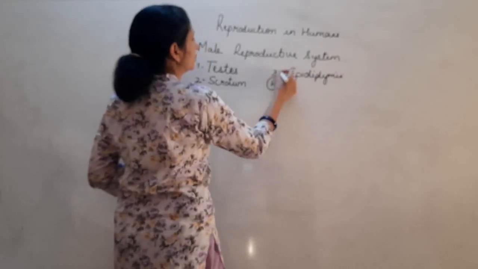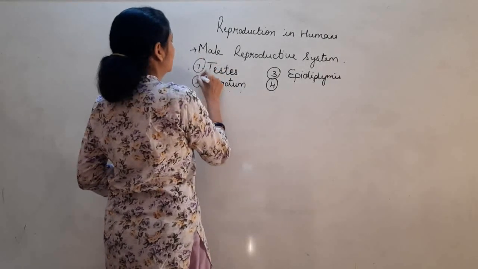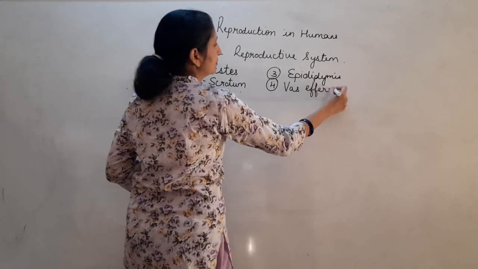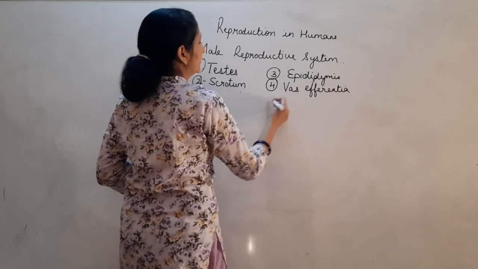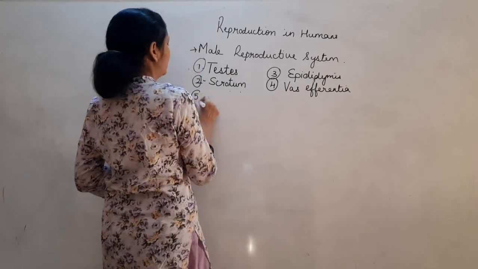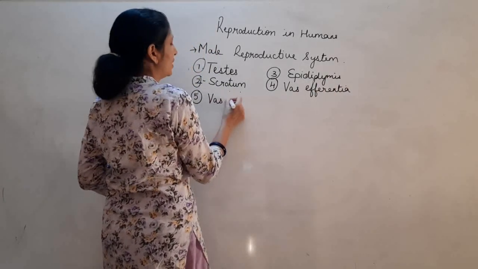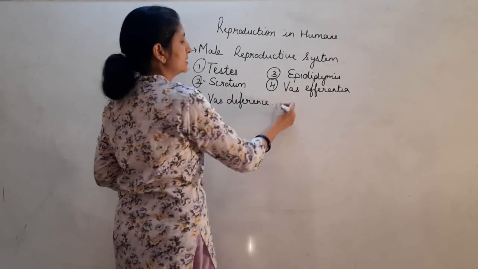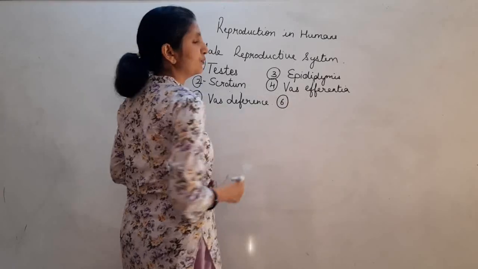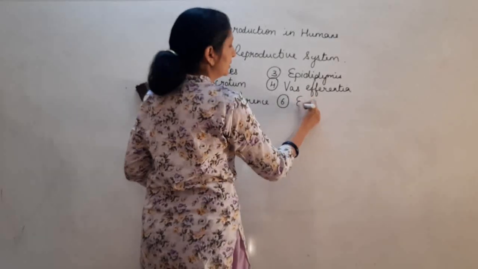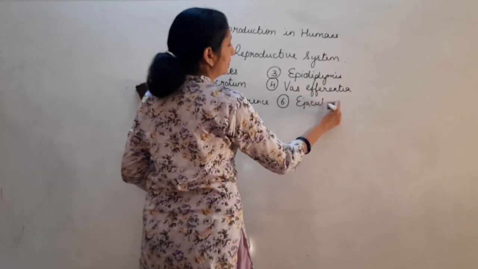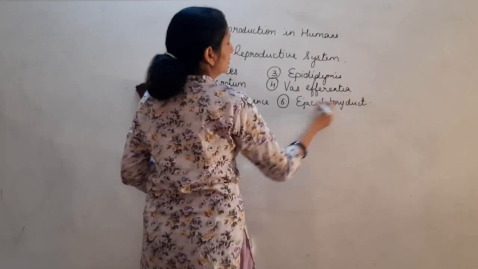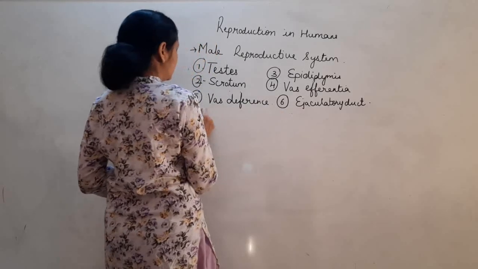Fourth, we would be talking about vas efferentia. Fifth, we would be talking about vas deferens. Sixth, we would be talking about ejaculatory or urinogenital duct.